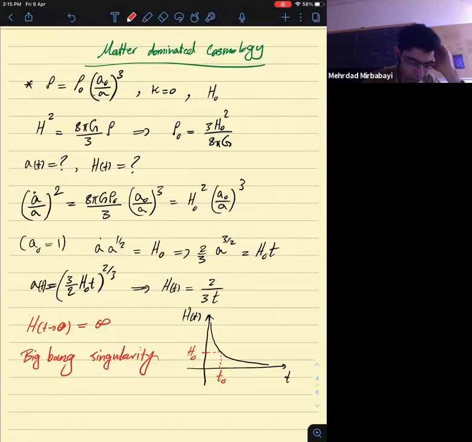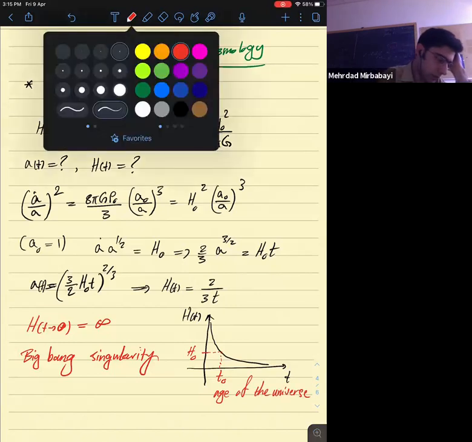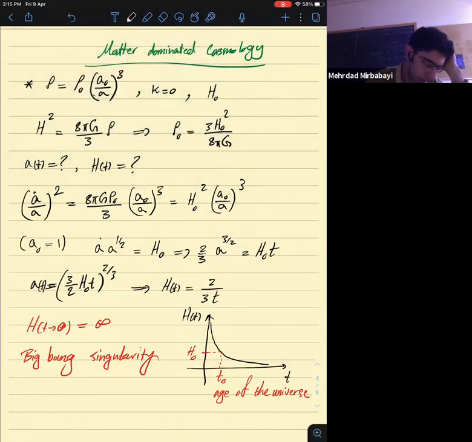So T0 will be the time from the Big Bang until today. Since we know H(t) and we know H0, we can determine T0, the age of the universe.